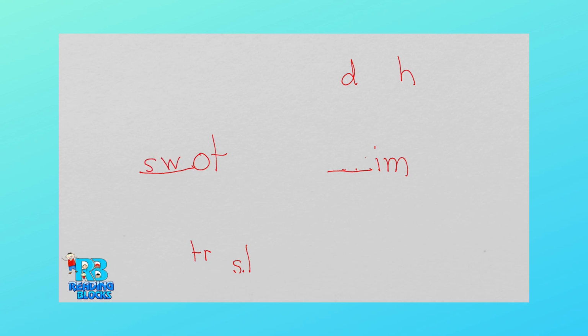Now let's take our sl and do our sw. And we have at, swat. Now let's move it. Oops, we don't get all of it. Let's put it there. Now what do we have? Im, swim. Very good. Now let's do our duh sound.